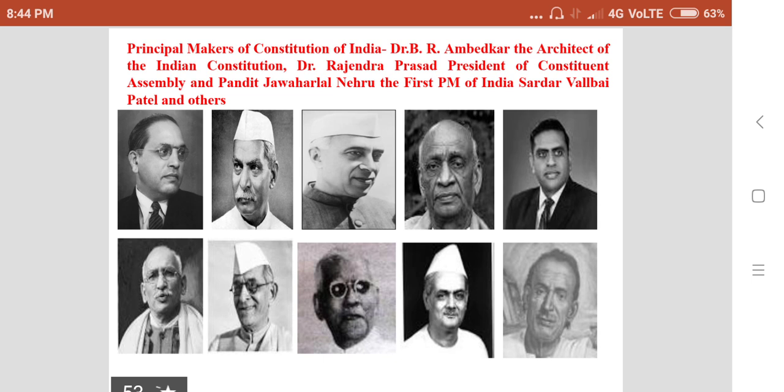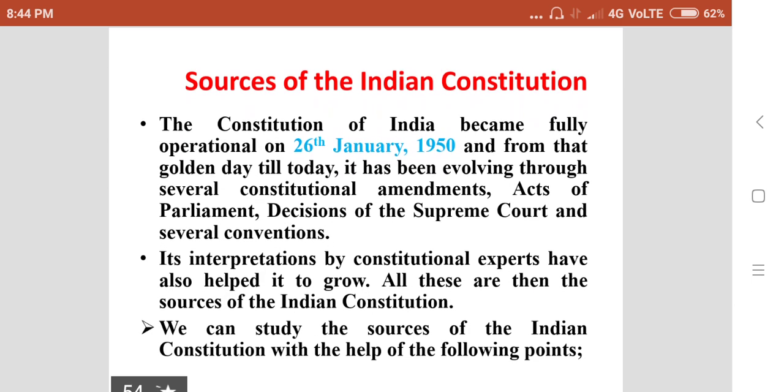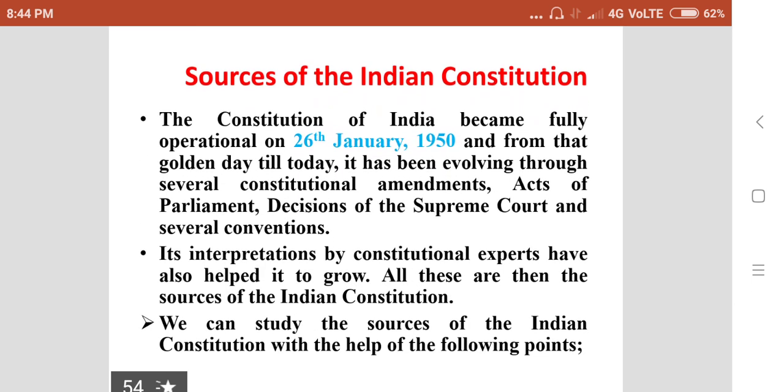So, in this way of framing the constitution, we should also know the things and factors which helped the makers of the Indian constitution to prepare such a beautiful document for India. Such factors are called the sources of the Indian constitution.